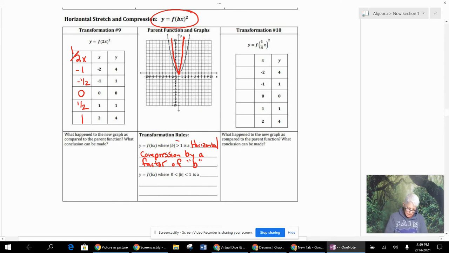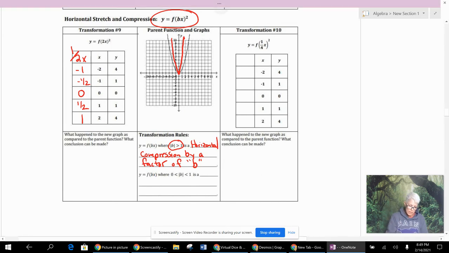But again, B is more than 1, and so it does the opposite. So that's confusing because when we did the compression that was affecting the Y, it flattened it out. But now this compression looks more like a stretch.